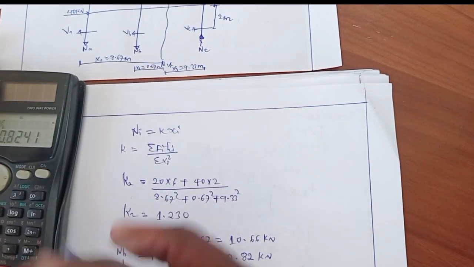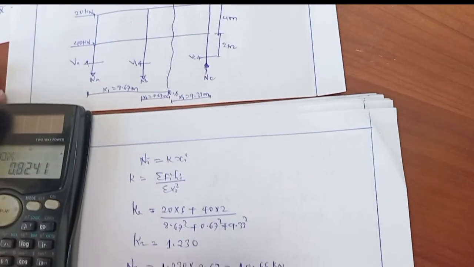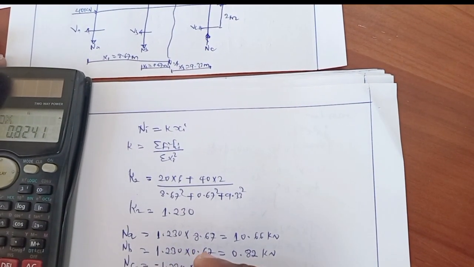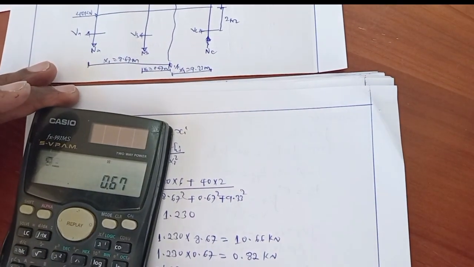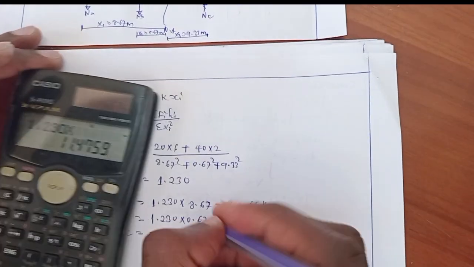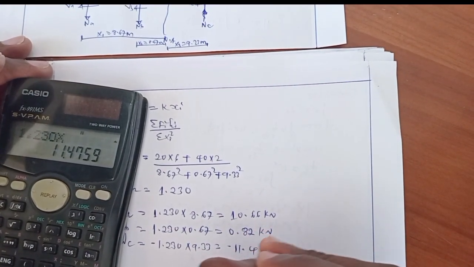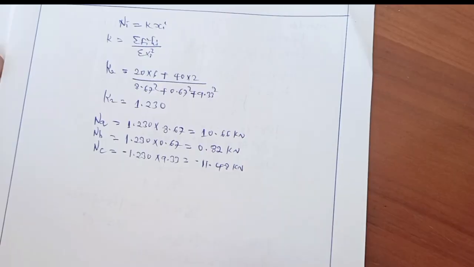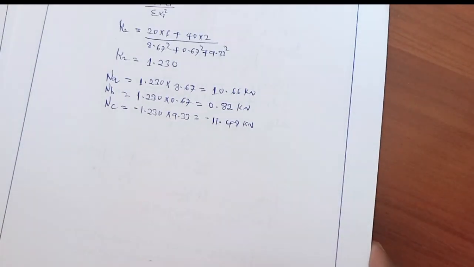And NC, since it is in the opposite direction, will be negative: 1.230 times 9.33 is equal to negative 11.48 kilonewton.